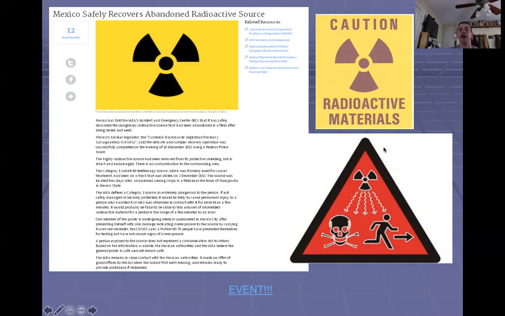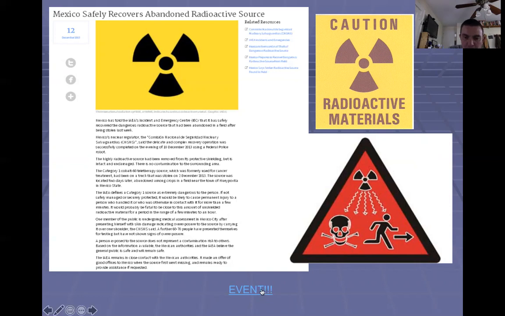So you have people that attempt to break into these machines to get at the valuable metals inside. Every now and then, there will actually still be a source in it, and so these people break in. They see this cobalt, this blue metallic source that looks valuable, and they'll put it in their pocket, or they'll bring it home, or there's 2 cases here.